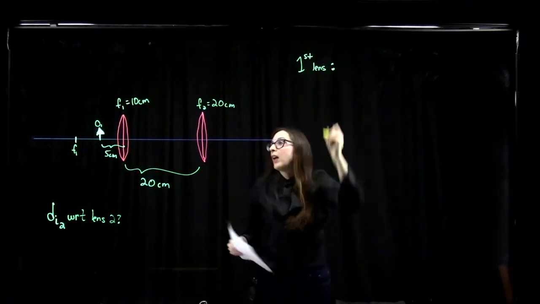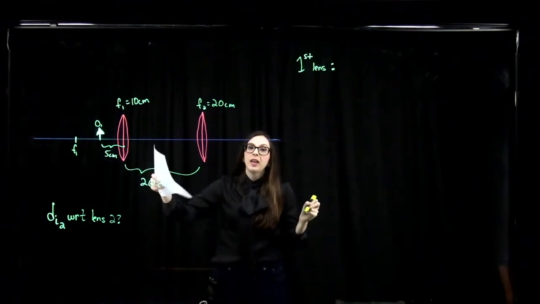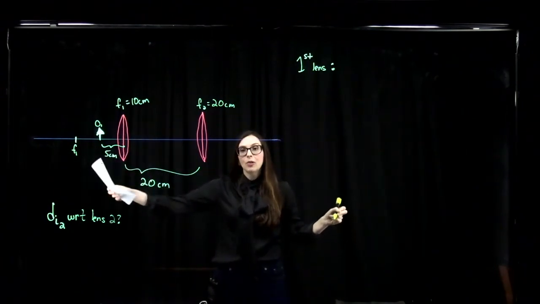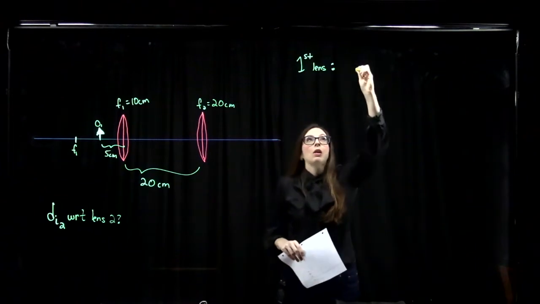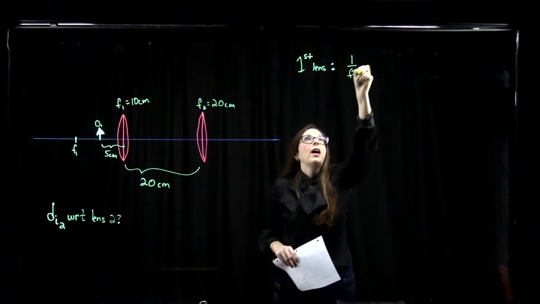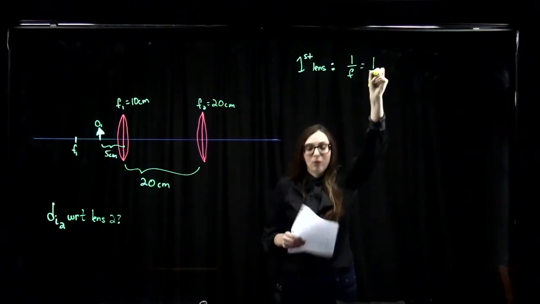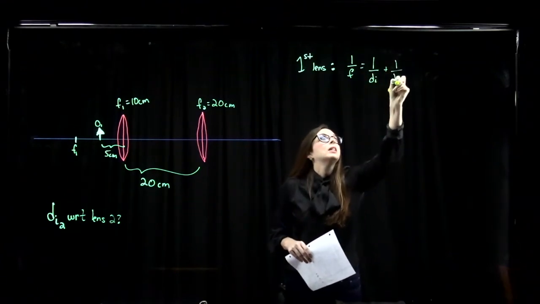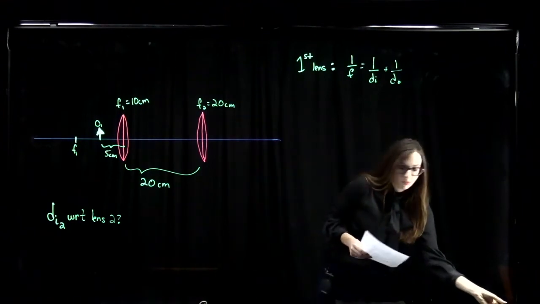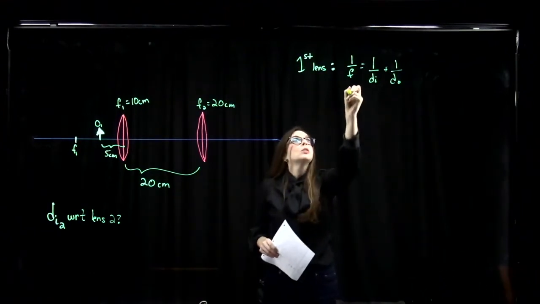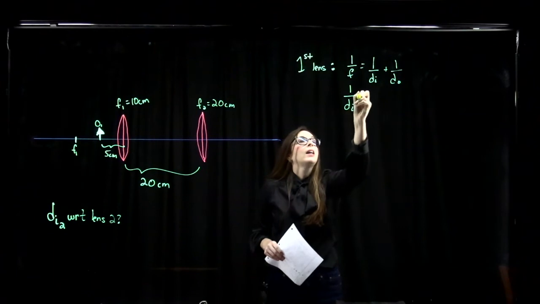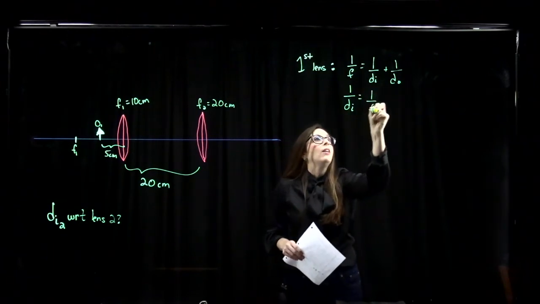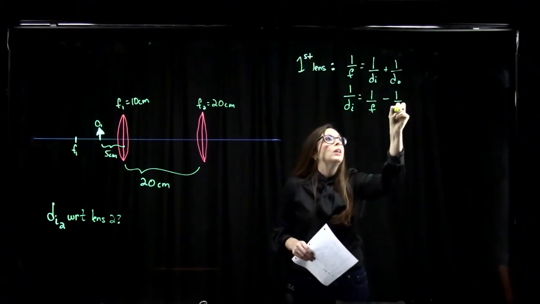So we've got our object. We're going to figure out where the image is created by the first lens. So we'll use our thin lens equation: 1 over f is equal to 1 over di plus 1 over do. And we want to solve this for di. So 1 over di is equal to 1 over f minus 1 over do.